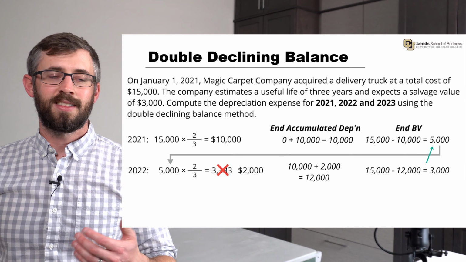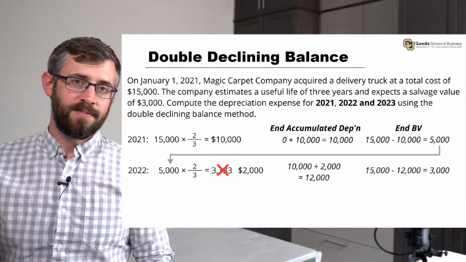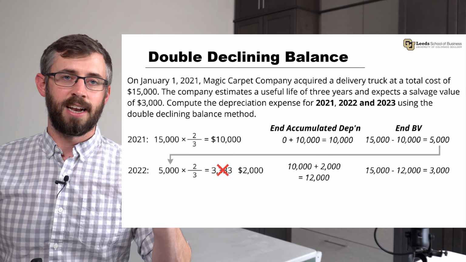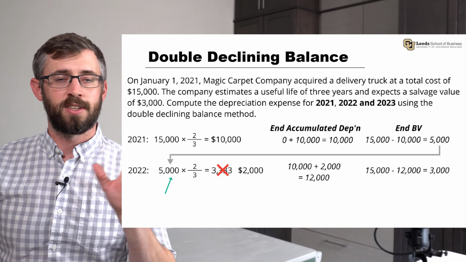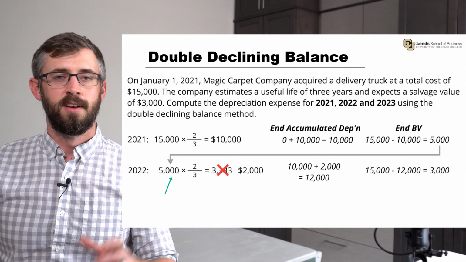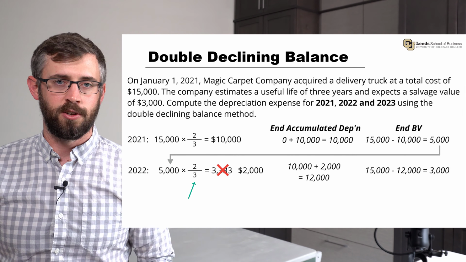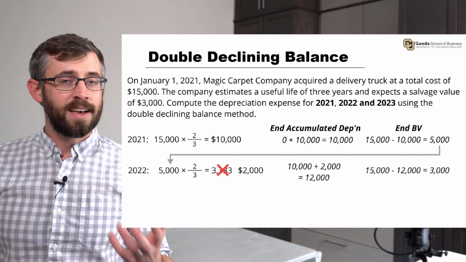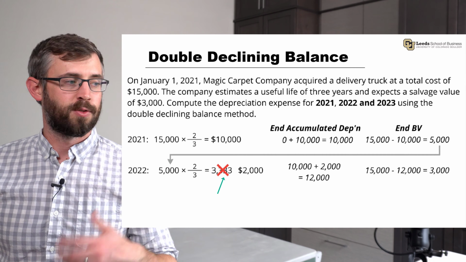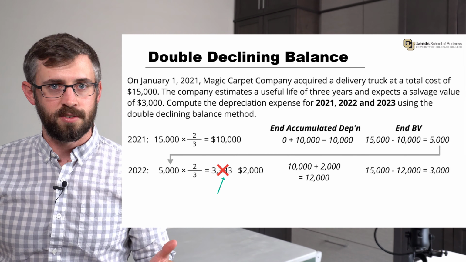So then when we start the second year, that $5,000 net book value is kind of our book value that we want to use to calculate our depreciation expense. Again, we want to multiply that by 2 over 3, or 2 over the useful life. And that would give us a depreciation expense of $3,333.